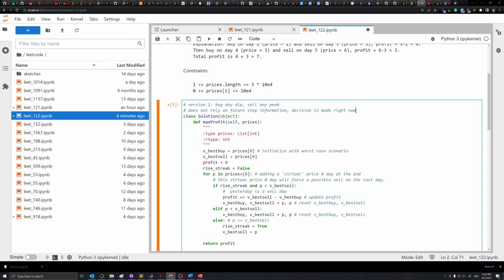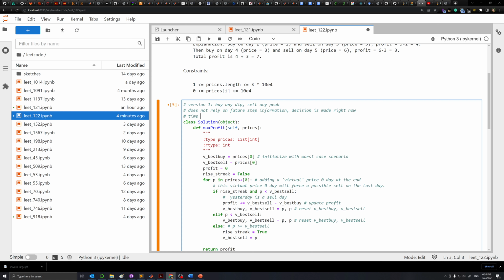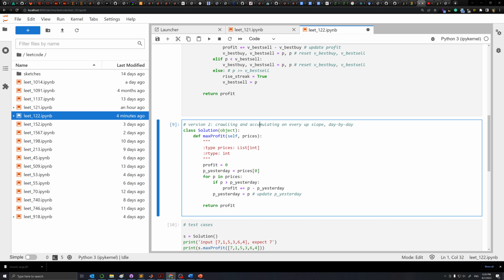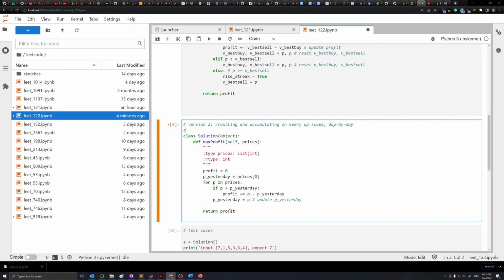The time complexity is O of n, and the space complexity is O of 1, so it worked. The second solution also doesn't rely on that, I guess. Time is O of n, space is O of 1. So both of these are really good.